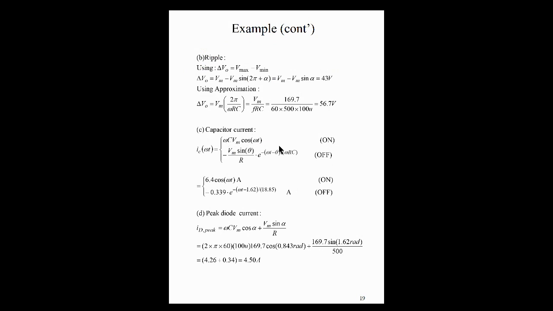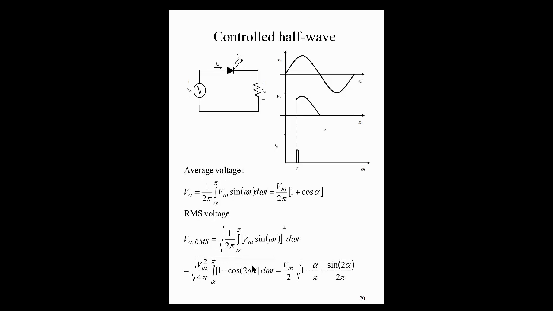So this is the expression, and all we are doing is making the substitution here to arrive at our expression for the capacitor current. And the peak diode current, this is the expression that we formed. To get this value, we just substitute the values and it comes to 4.5 amperes. Very straightforward.